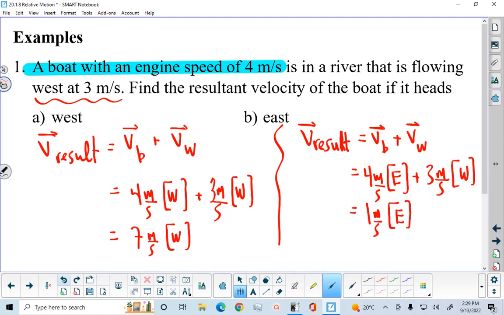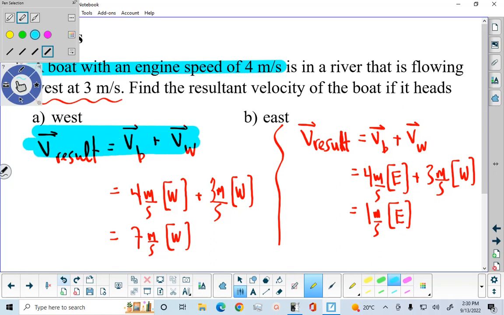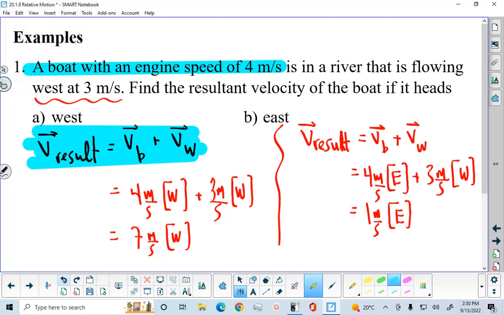So this formula is what you would use to find the resultant velocity of the boat in any situation. You take the velocity of the boat and you add the velocity of the water. It's just that how you find the answer depends on the direction of the velocity of the water.